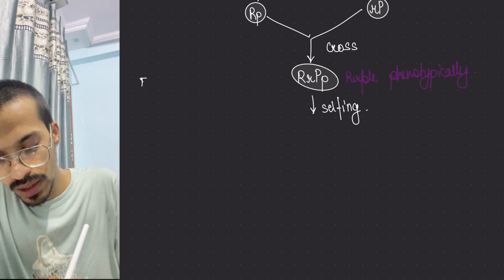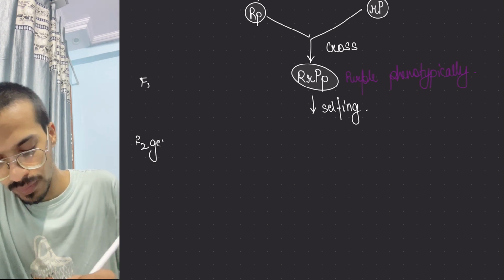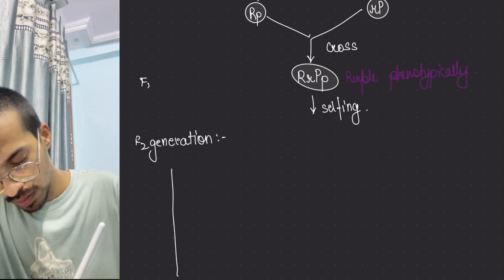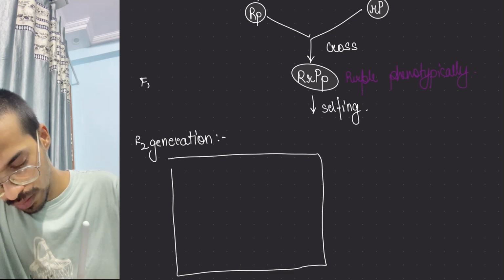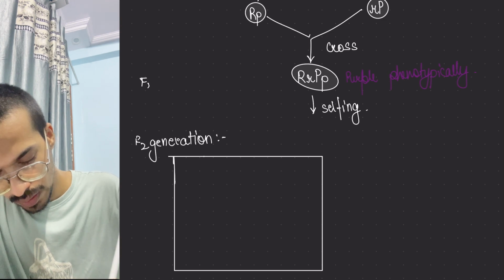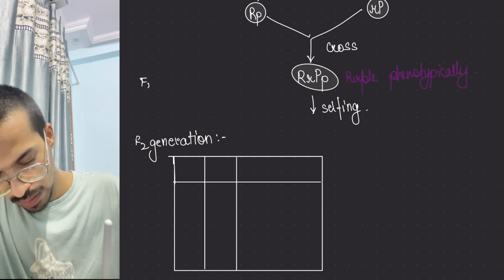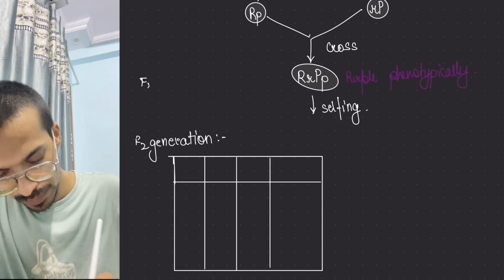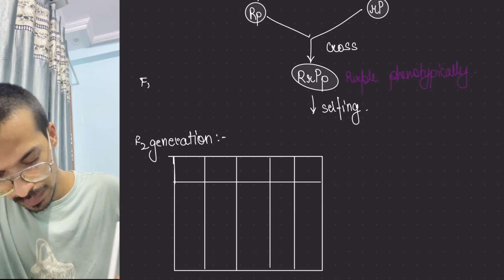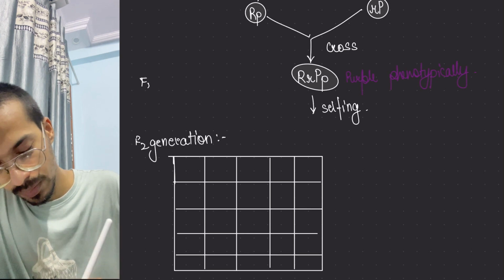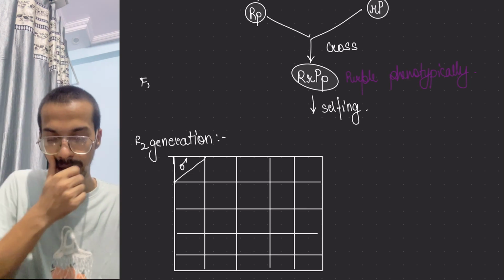So we're going to make a Punnett square. So what would be the gametes?